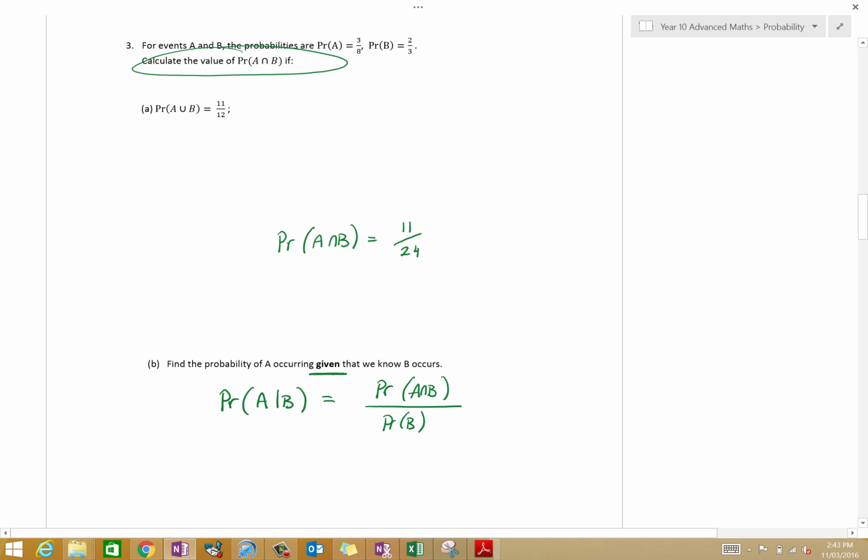That was from the previous question. So we have 11 over 24, and the probability of B was 2/3.